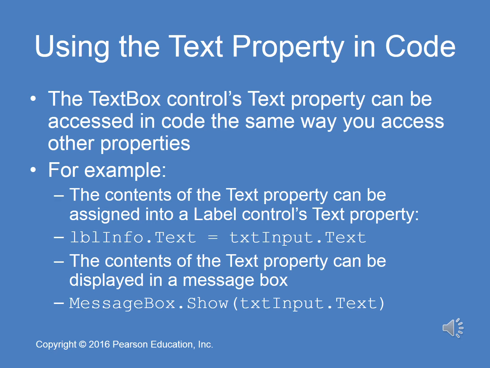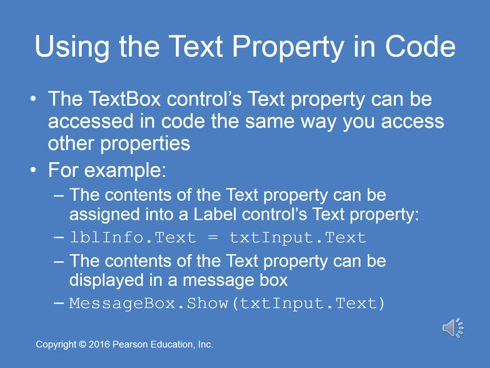The first example takes the text property of a text box and assigns it to the text property of a label. In other words, take whatever was entered in the text box and assign it to the label. In this particular case, it's label info.text property. And that'll display in the label.